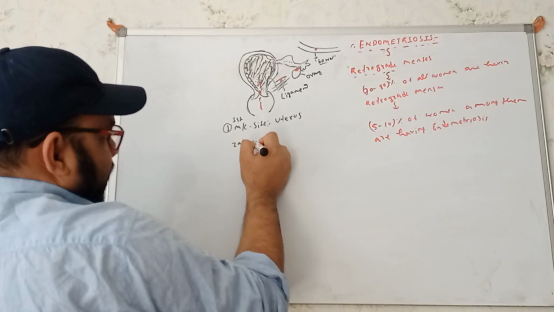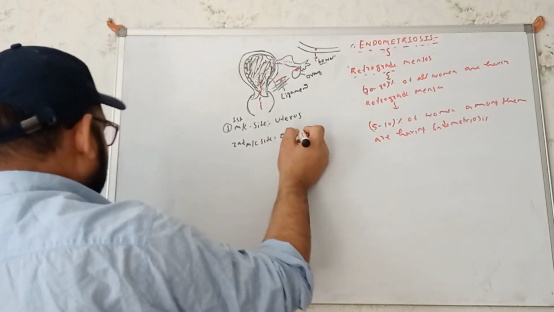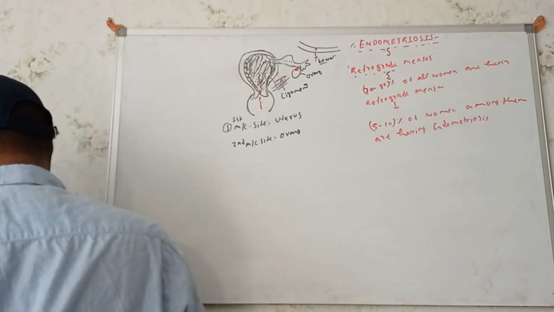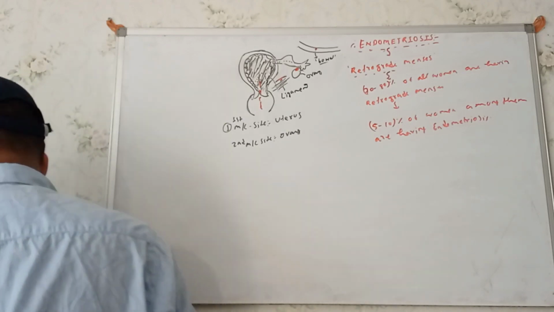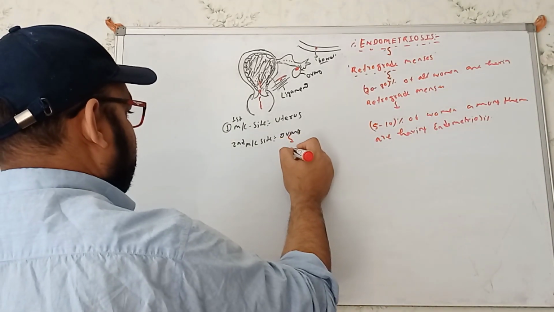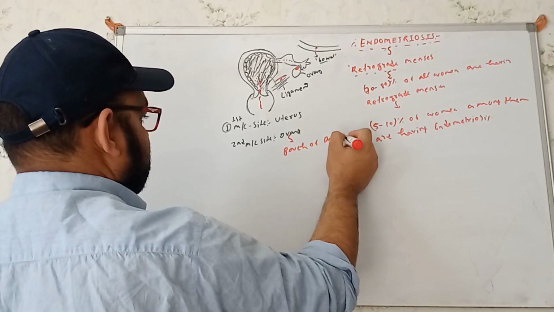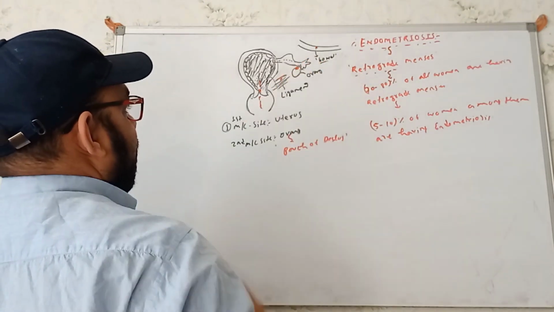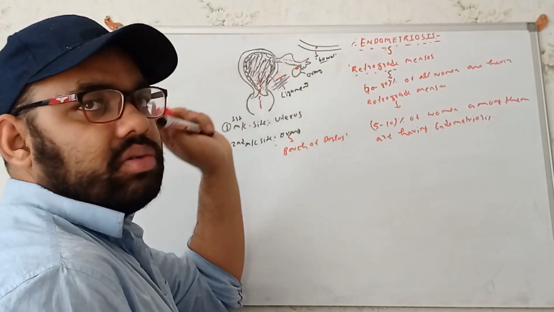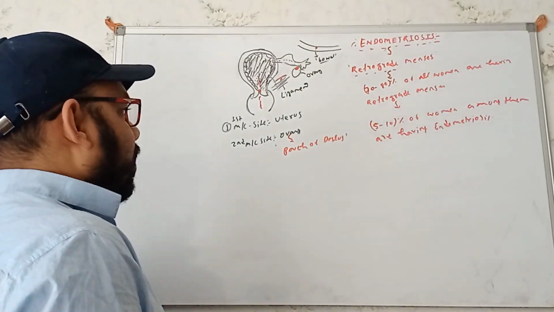The second most common site we can see is within the ovary, right? Basically, we can see it in terms of the pouch of Douglas in these regions, and sometimes also within the ligament regions and the bowels as well.